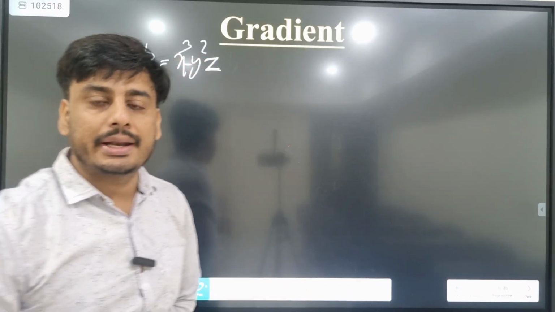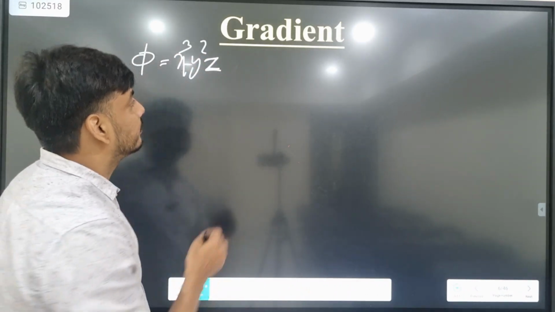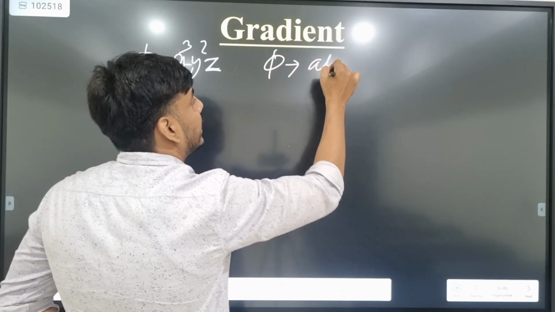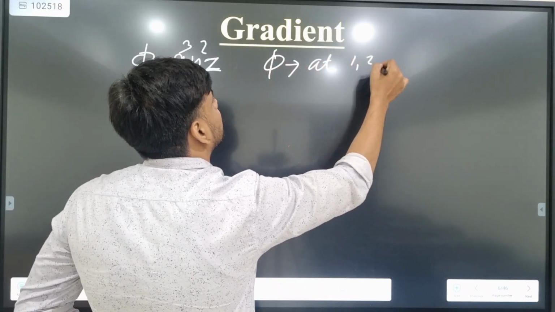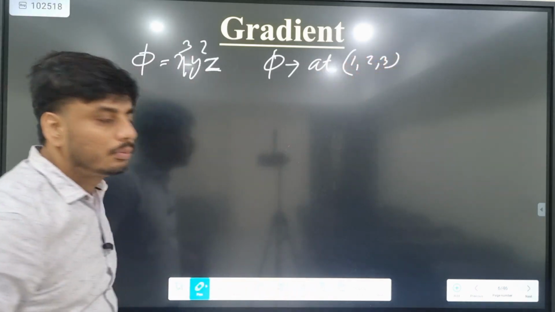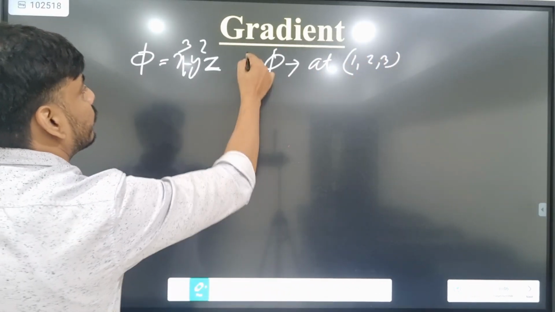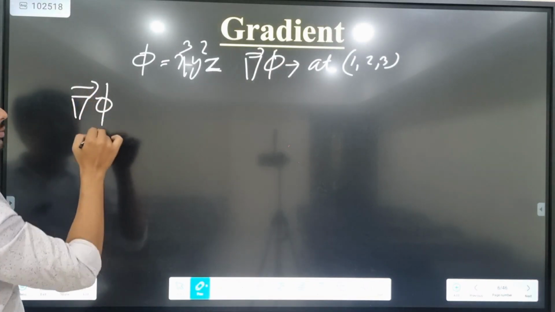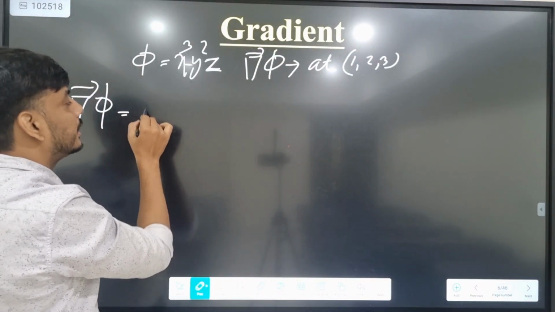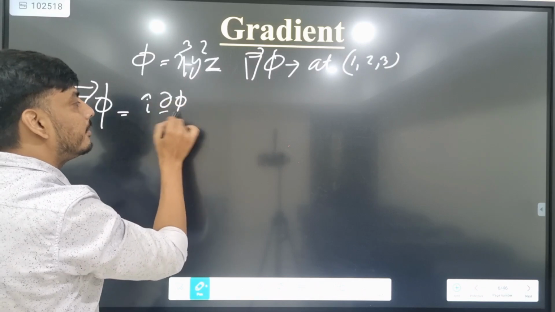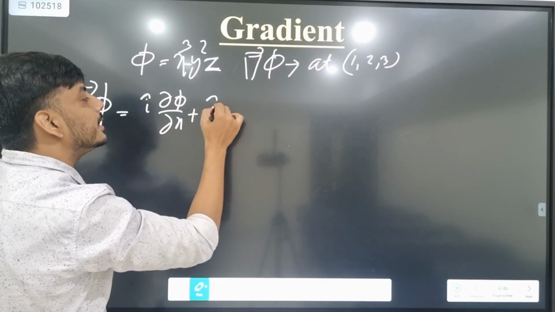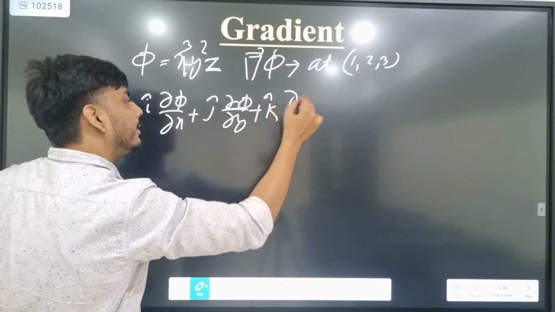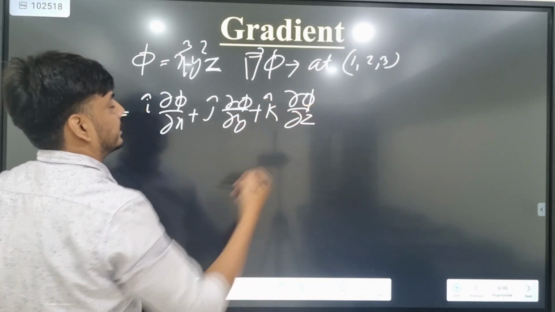Phi equal to x cube y square z. Let phi be given, and here it is asked to calculate the gradient of phi at the point 1, 2, 3. That means first we have to find the gradient of phi. Gradient of phi means i cap del phi by del x, j cap del phi by del y, k cap del phi by del z.